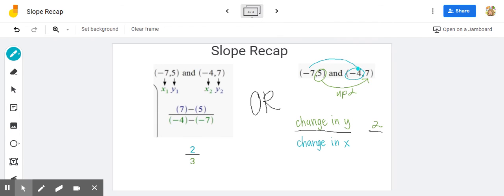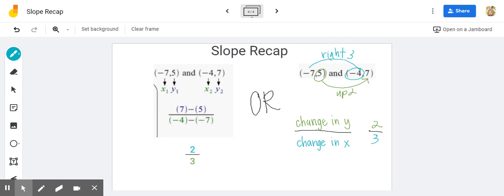Did I go left or did I go right? Going from -7 to -4, I moved to the right on my graph, 3 spaces. So 2 over 3 is our slope.